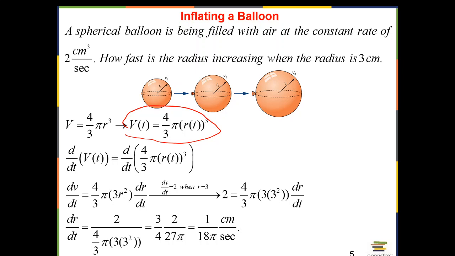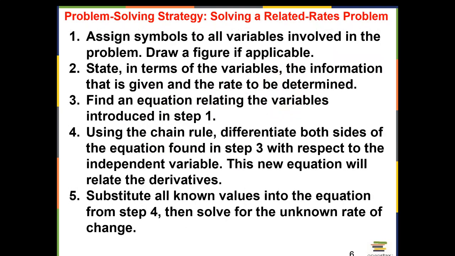All right. So here are the steps that we have to go through to do this problem. These are the steps that you see over here, right? First, we have to assign symbols to all variables that we are interested in. And if you draw a figure, of course, that would be nice.